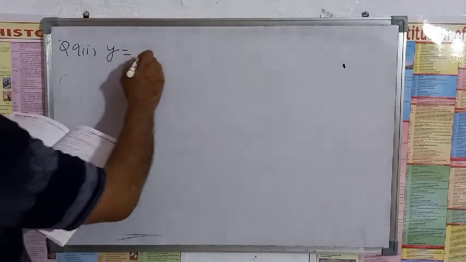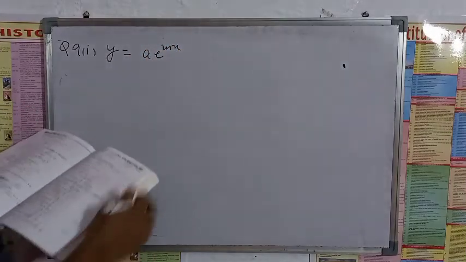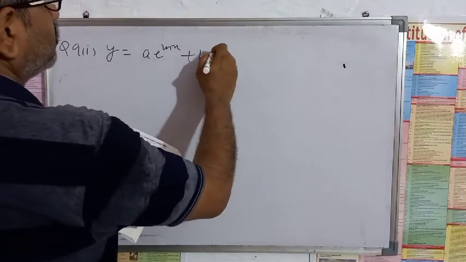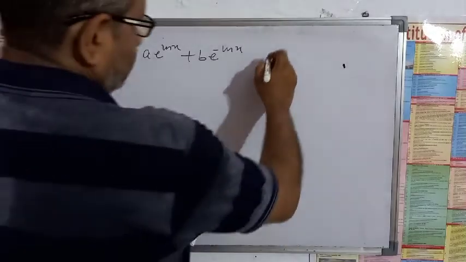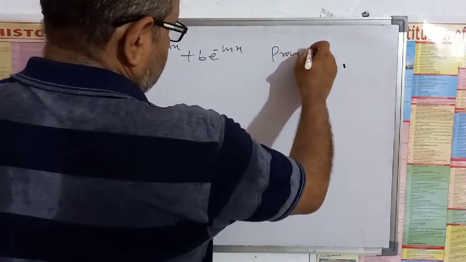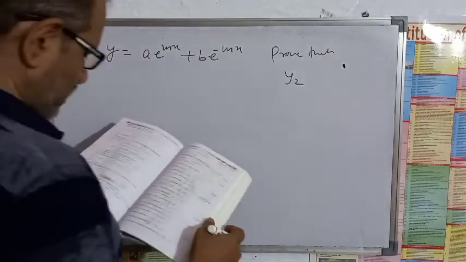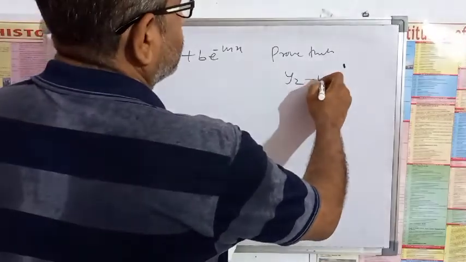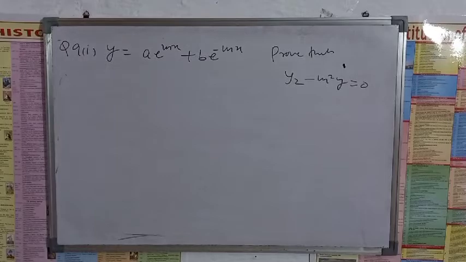It is given y is equal to a e to the power mx plus b e to the power minus mx. Prove that y2 minus m square y is equal to 0.